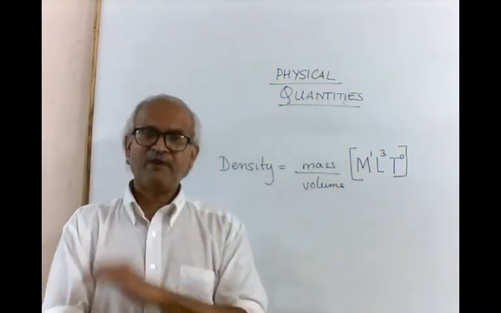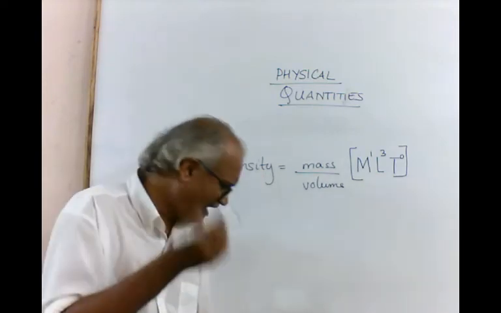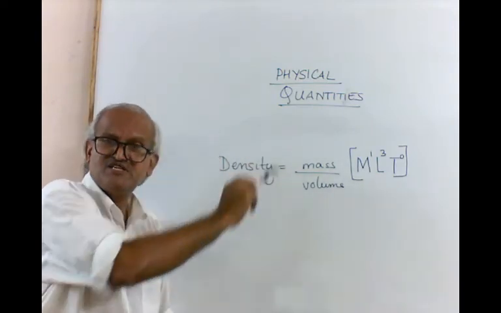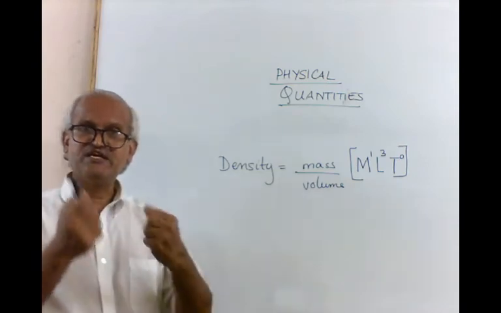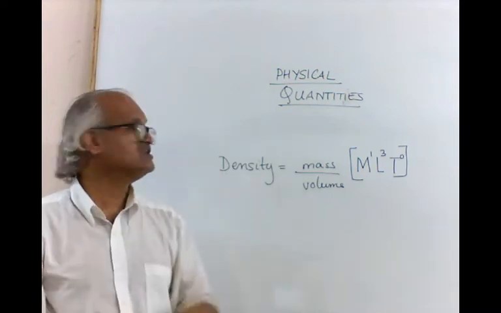Henceforth, you have to keep in mind that the dimensions of a physical quantity are very important. Now, why are they important? Because these 7 dimensions of physics actually give you an idea what that physical quantity is dealing with.